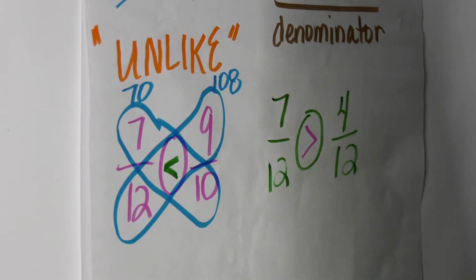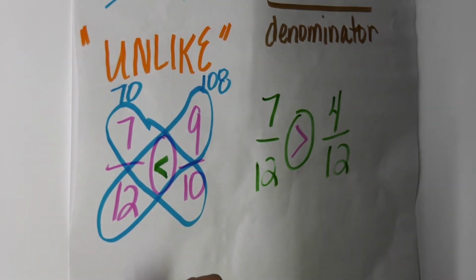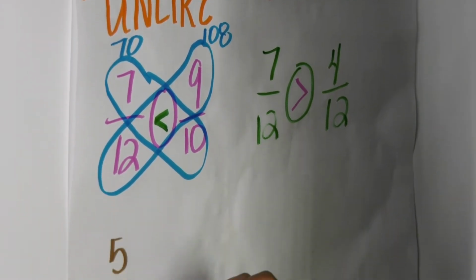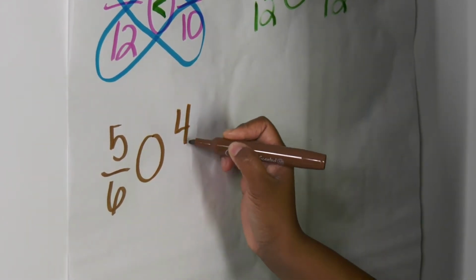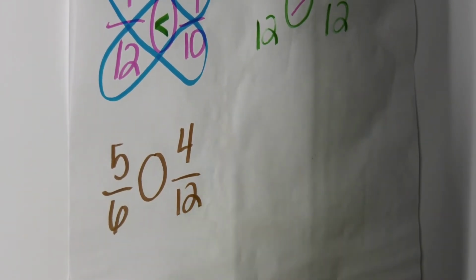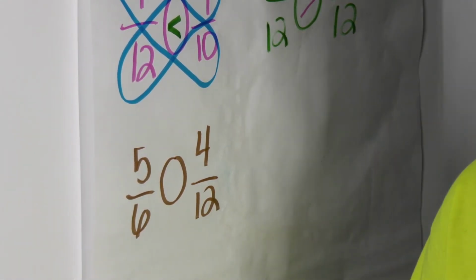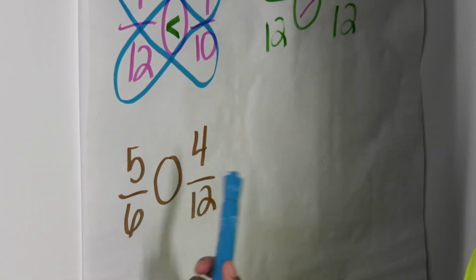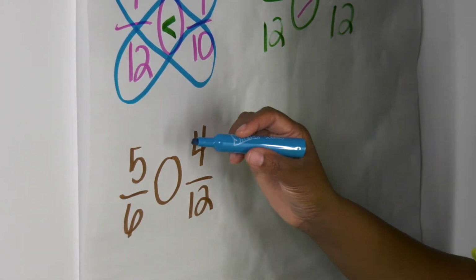Actually, let's do a different one. Let's do 5/6 compared to 4 twelfths. Okay, 5/6 compared to 4 twelfths. And we're going to use our butterfly method because the denominators are different or unlike.